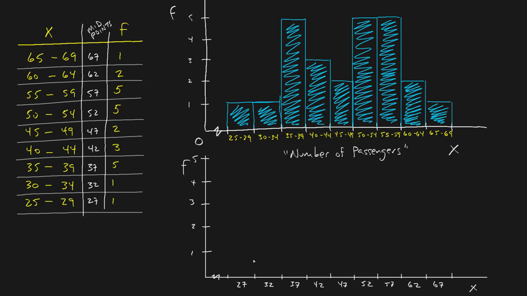And instead of drawing a bar, I put a dot at the intersection where the two of those meet. So right here is my first data point, because 27 has a frequency of 1, and then 32 has a frequency of 1. So I'm going to make sure that that lines up.